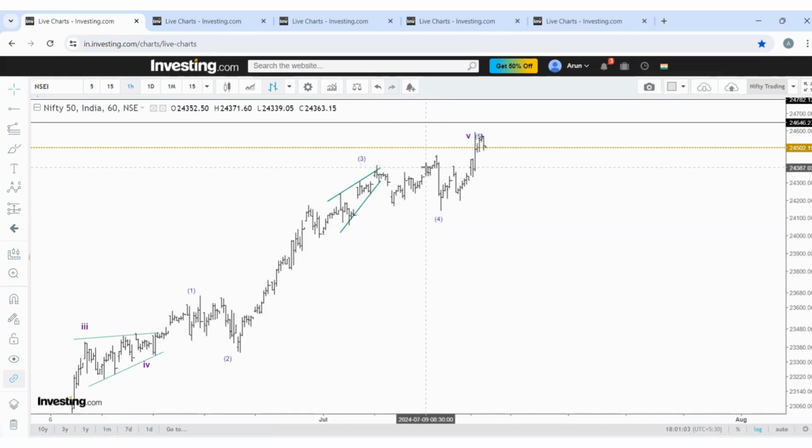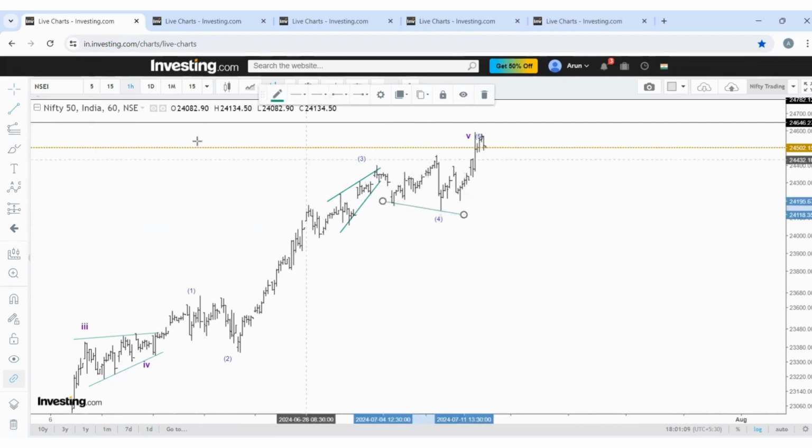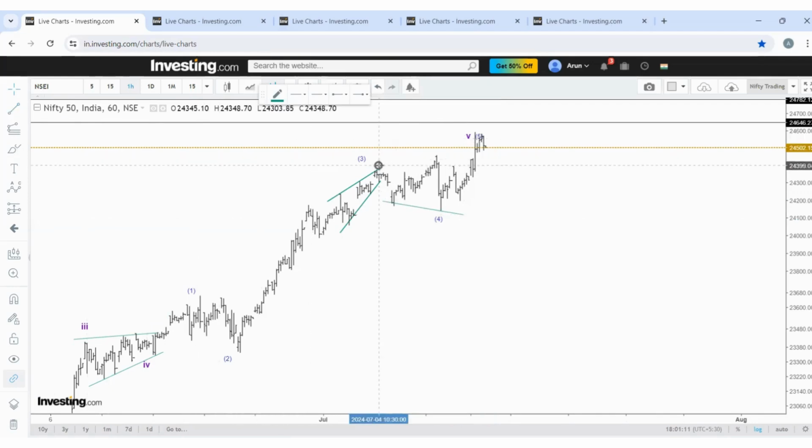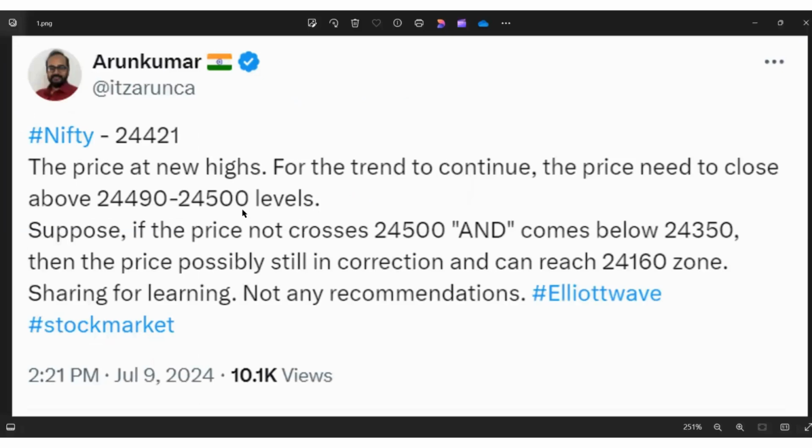Why is it called an expanded flat? The price is widening, expanding. That's why it is called an expanded flat. So this is how I identified this level, and you can see how precisely the wave works in real-time markets. I think you got an experience of how things work out in real-time markets.